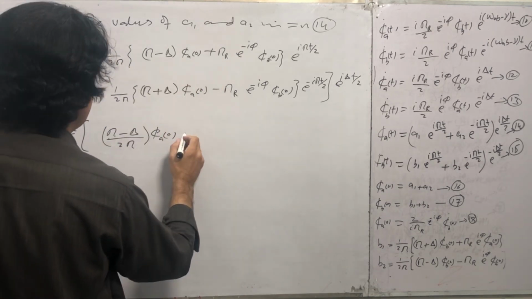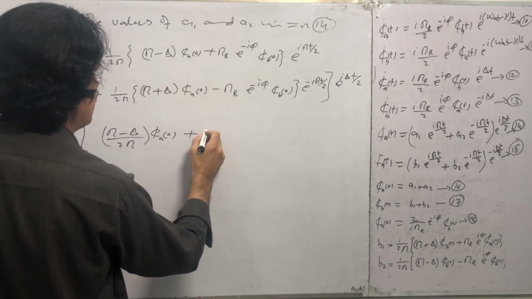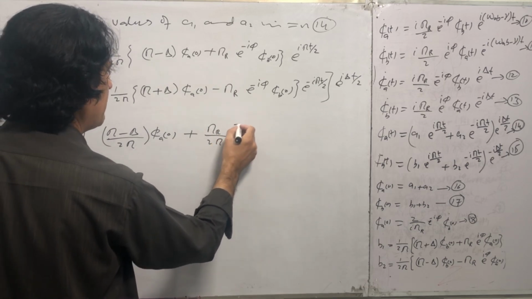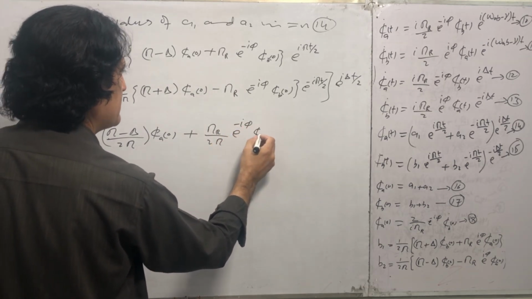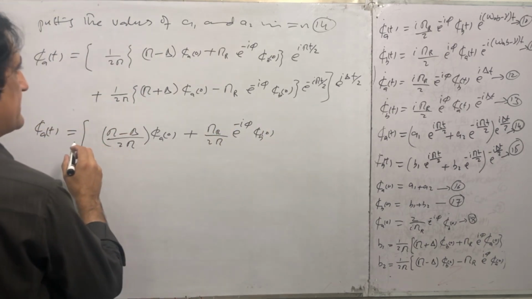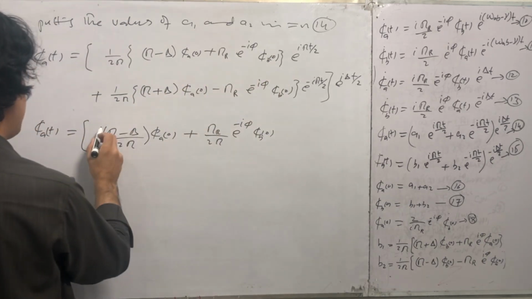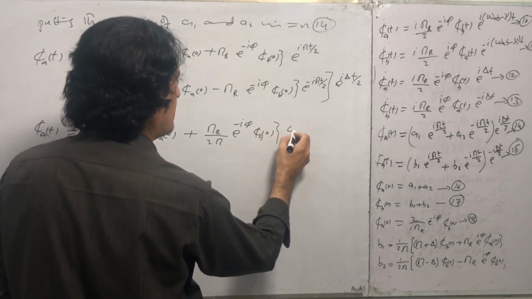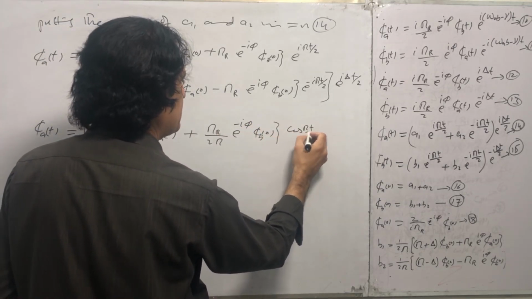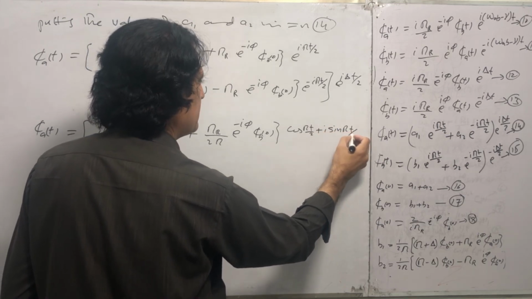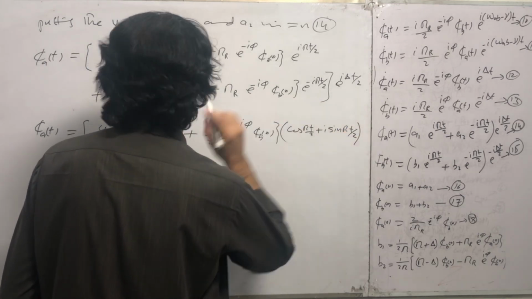If I multiply this, then omega r divided by 2 omega e to the power minus iota phi Cb of 0, and we have cosine omega t divided by 2 plus iota sine omega t divided by 2, this term.